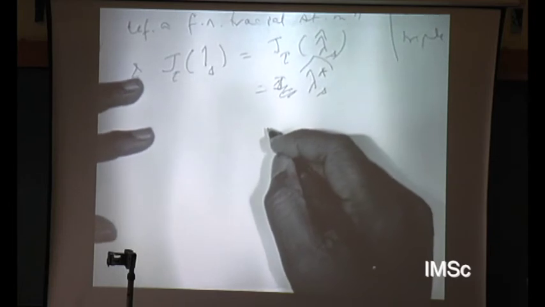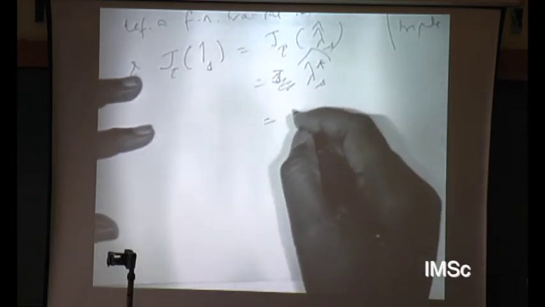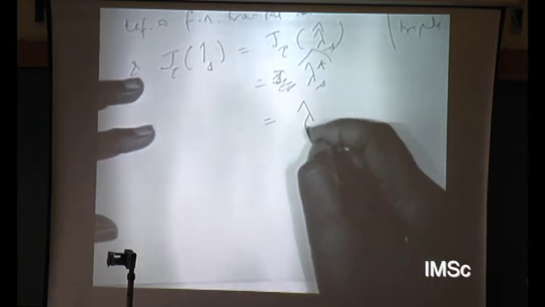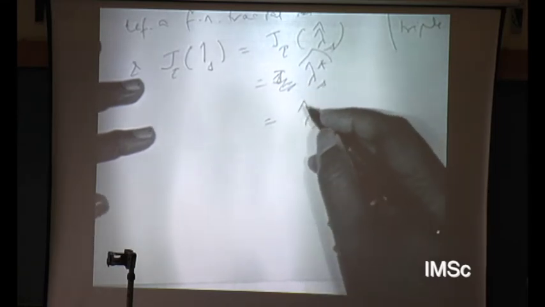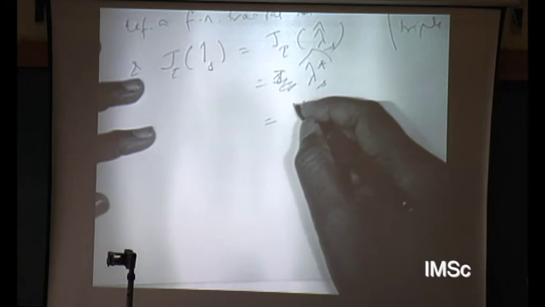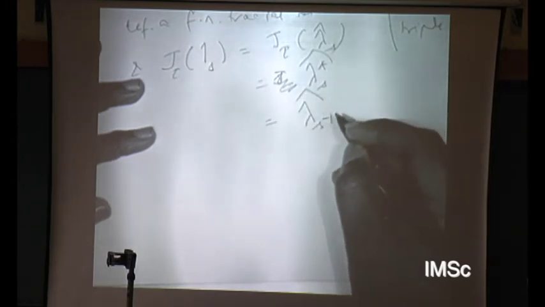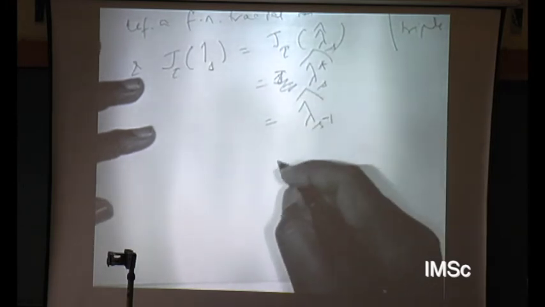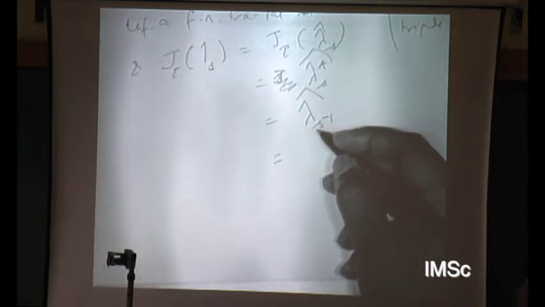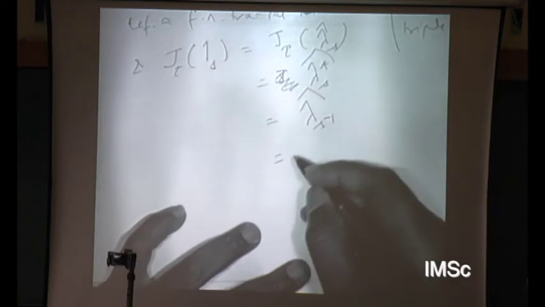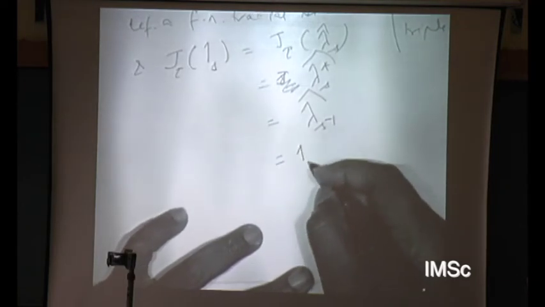And what is lambda s star? It is lambda s inverse, because lambda s is unitary. And what is the lambda s inverse hat? It is just lambda s inverse acting on 1 hat. It is going to be 1 sub s inverse.